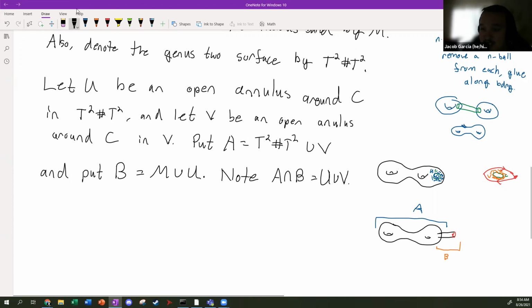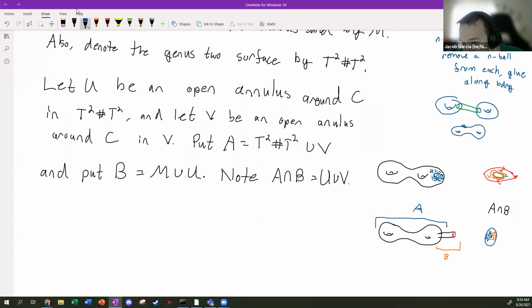So if I try to draw A intersect B, using the same colors that I used up here, I have part of the cylinder that goes around like this and down, and then part of this blue annulus that it's attached to.